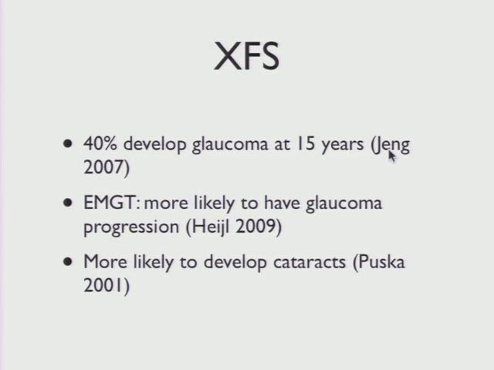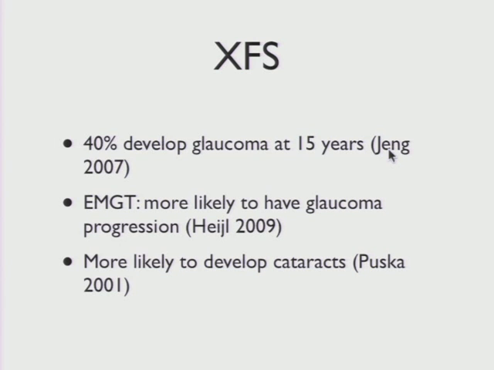Some studies have found problems with individuals with pseudoexfoliation syndrome or pseudoexfoliative glaucoma. For instance, in the EMGT study, which I mentioned before, individuals with pseudoexfoliation glaucoma were more likely to have glaucoma progression than individuals with simple open-angle glaucoma.